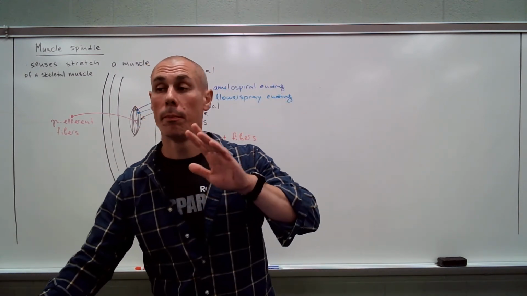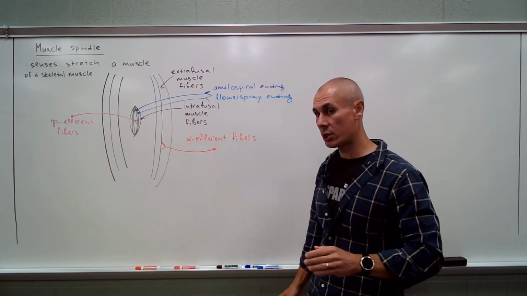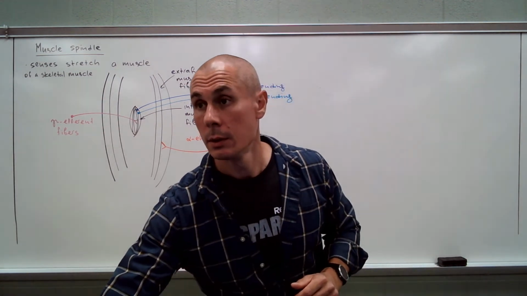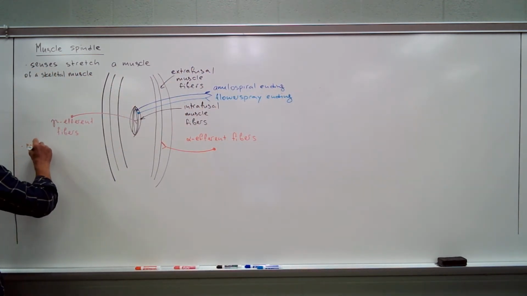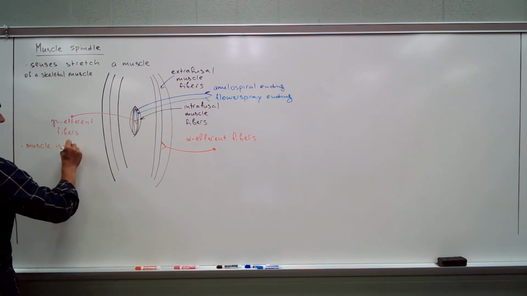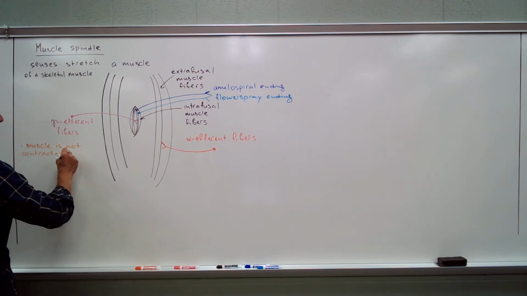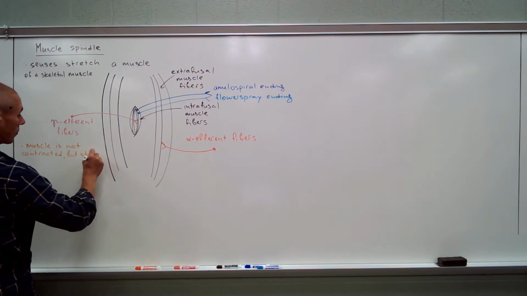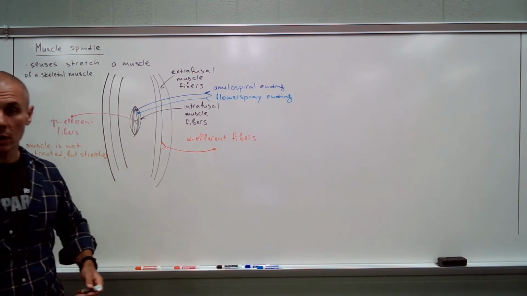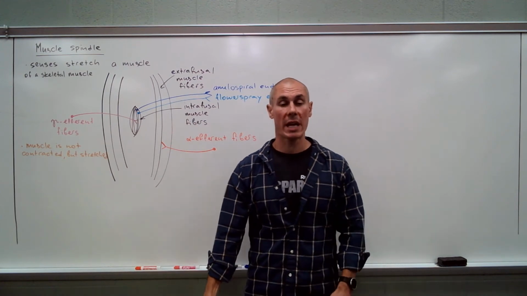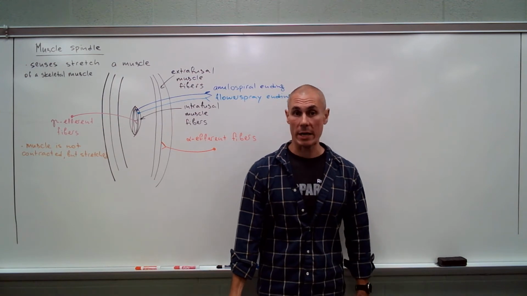Let's take a look at the couple of situations that muscle spindle can find itself. Situation number 1. Muscle is not contracted but stretched. So it's going to be a situation when, for instance, imagine I carry something heavy in my hand. So muscles of my arm are going to be stretched.